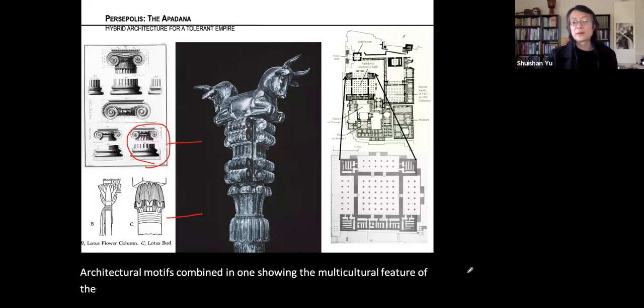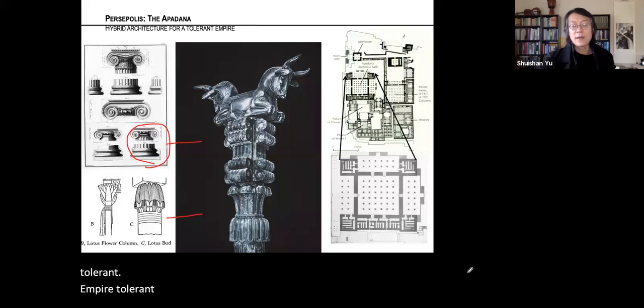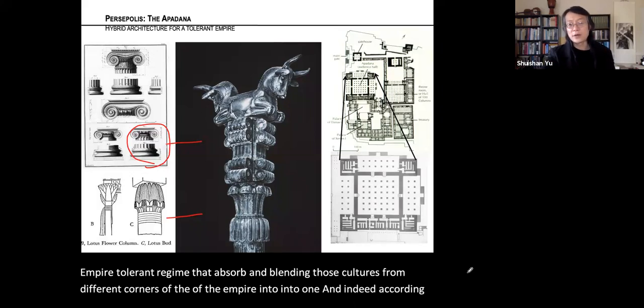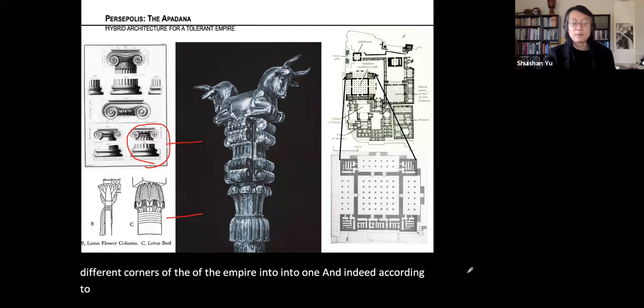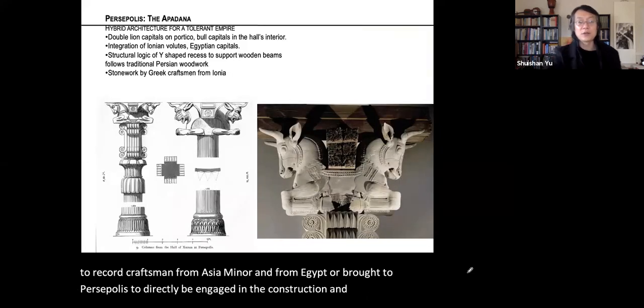And this is also the characteristic of a relatively tolerant empire, a tolerant regime that absorbed and blended cultures from different corners of the empire into one. And indeed, according to records, craftsmen from Asia Minor and from Egypt were brought to Persepolis to be directly engaged in the construction and the supervision of the construction.